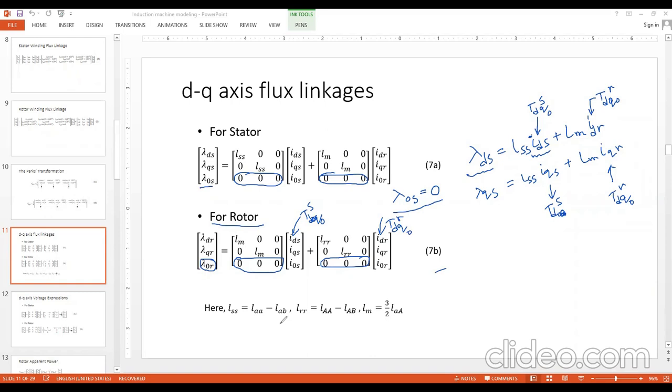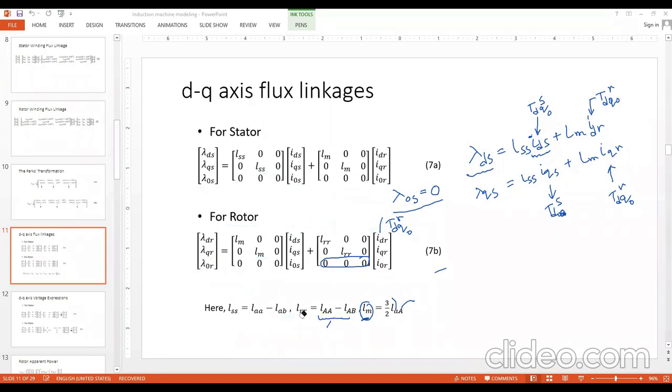During the derivation, you will come up with quantities like LAA minus LAB for the stator inductances, and capital LAA minus capital LAB for the rotor inductances. These are assumed to be LSS and LRR. The mutual one, small a for stator and capital A for rotor, is basically the mutual inductance between the stator coil and the rotor coil, LM equals 3/2 LAA. Just some notational simplification.